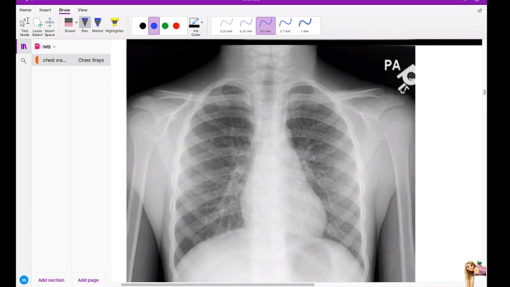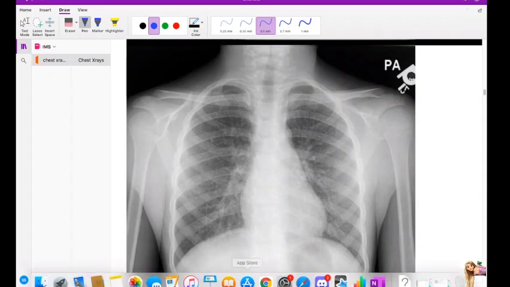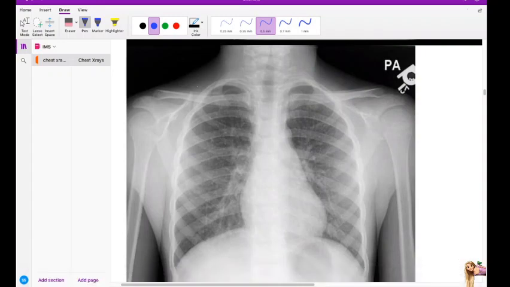The angle is more than 90. There is a subglottic narrowing of the trachea over here. You guys can see. What is that called? It's called the steeple sign. Yes, acute tracheolaryngobronchitis, croup, caused by parainfluenza viruses.